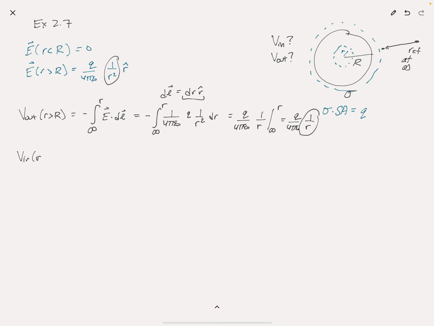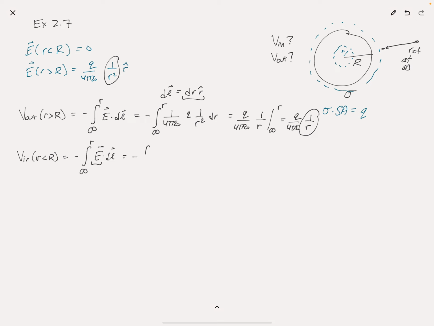I have r less than capital R. I must start from the same reference point to my position r, E dot dl. But now I need to break up my integral into two pieces because I need to have the electric field where it exists outside of this sphere being integrated over that path. And I need to integrate over the inside of my sphere where the electric field is different, right? I have a different inside and outside electric field.